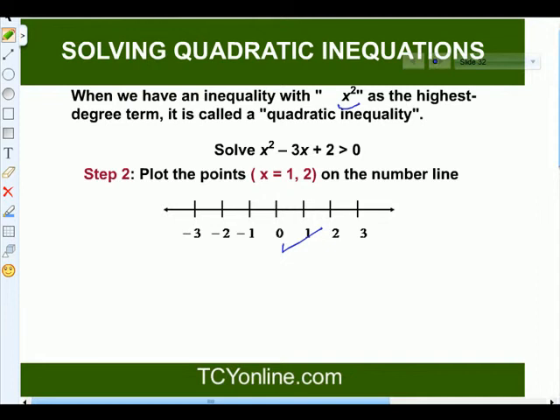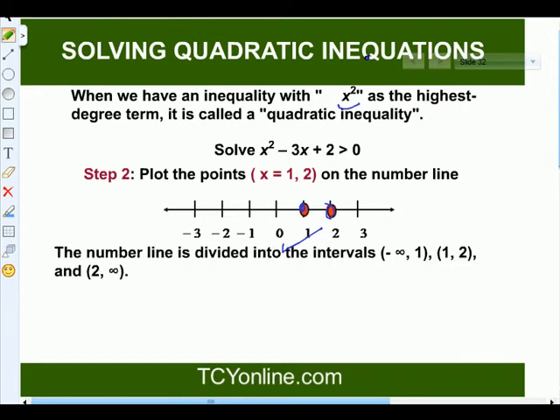Now the next step will be to mark the points 1 and 2 on the number line. So this is basically the point 1 and 2. Now over here we will divide the number line into 3 intervals. First will be negative infinity till 1, then from 1 till 2, then from 2 till infinity.